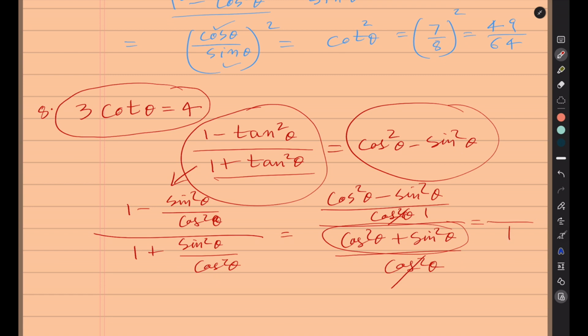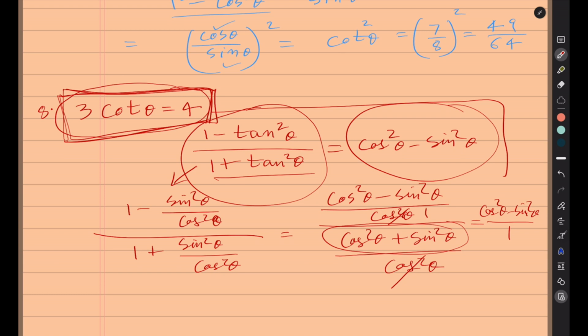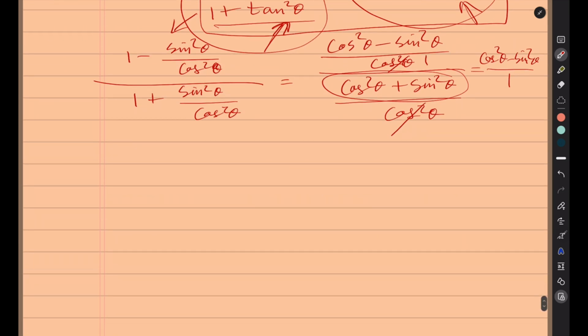So the only thing we are left with is cos square theta minus sine square theta. So even without utilizing the expression which was already given, we have proven that this is equal to this. So here the LHS is equal to RHS. So it is quite okay.